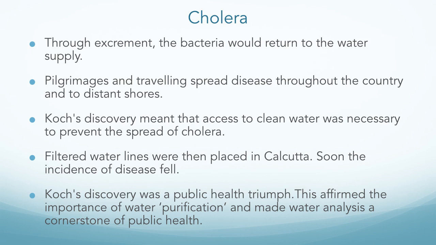Pilgrims and travelers spread the disease throughout the country and to distant shores. So Robert Koch's discovery meant that access to clean water was necessary to prevent the spread of cholera. Thus, in Calcutta at that time, water lines were placed to circulate filtered water to the public, and soon it was observed that the incidence of the disease was reduced.